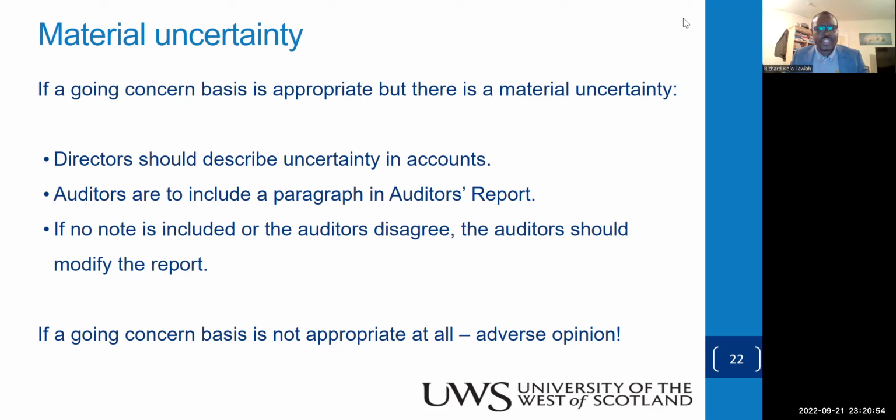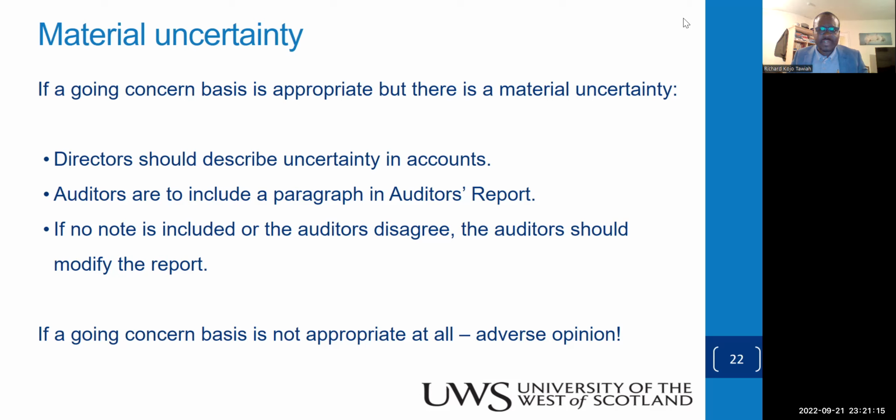The auditors will always have to include a paragraph to show this material uncertainty in their auditor's report. If care is not taken, they could even include an except-for opinion in their audit opinion to cater for this material uncertainty. But it depends.